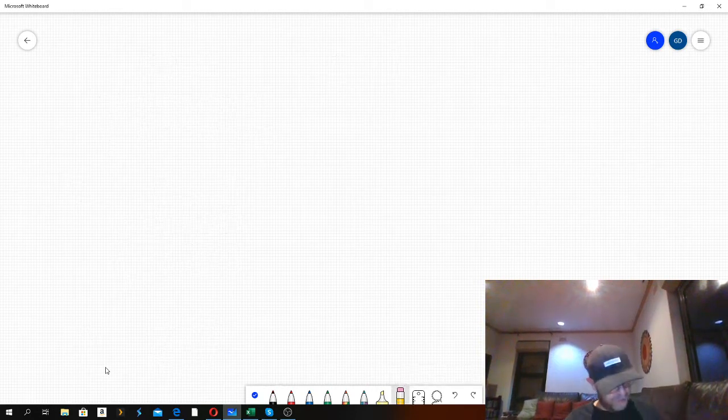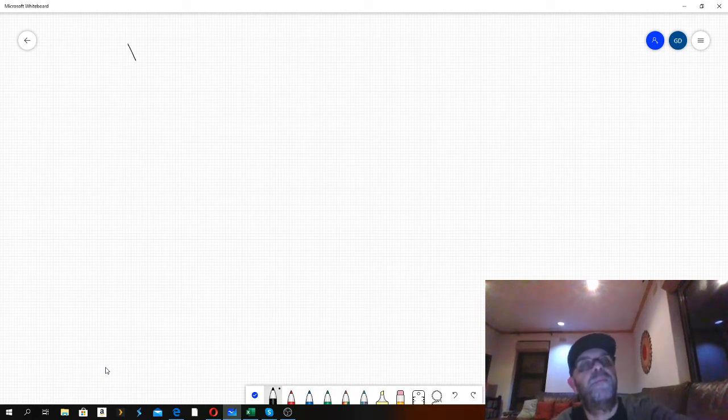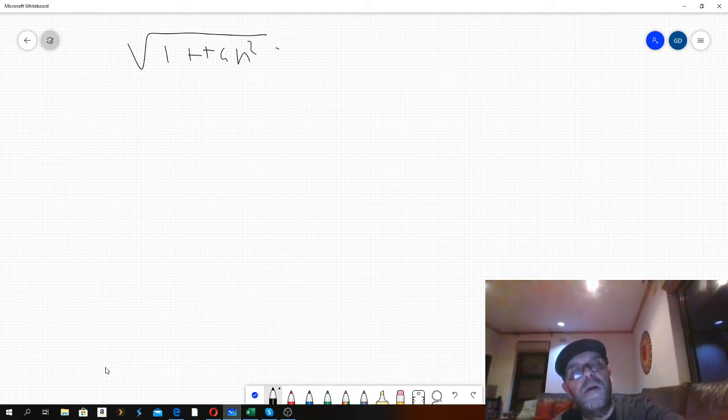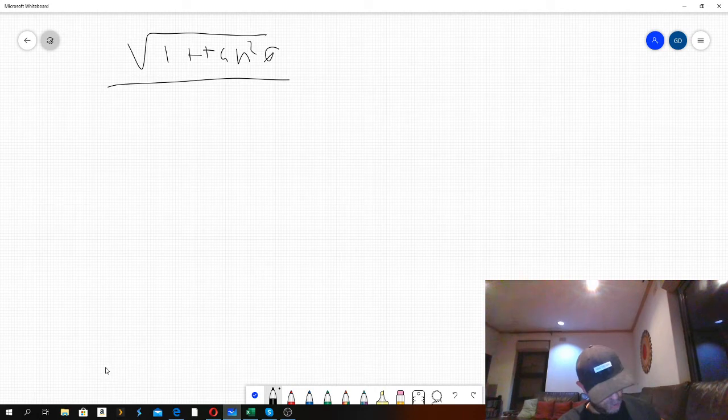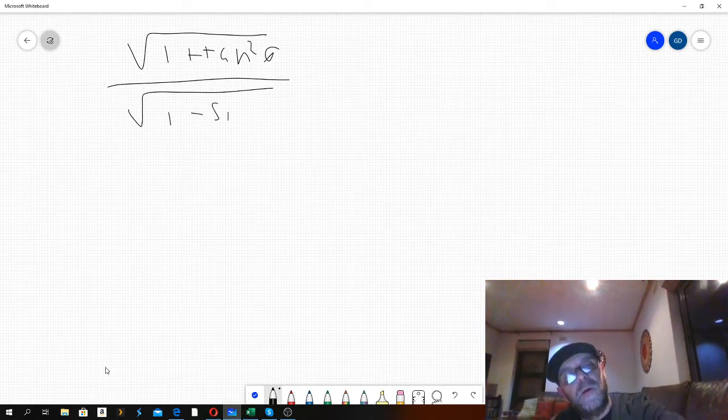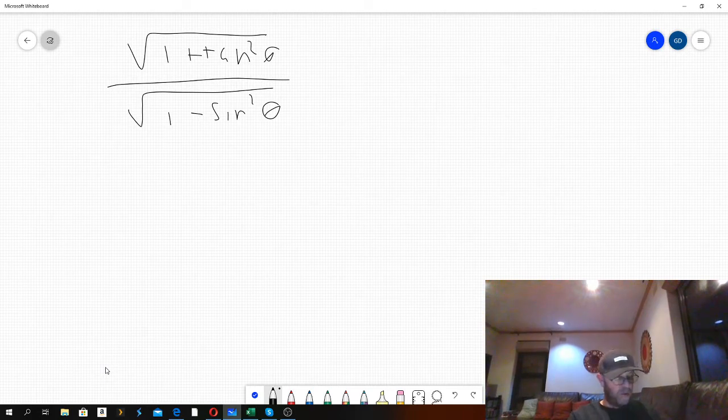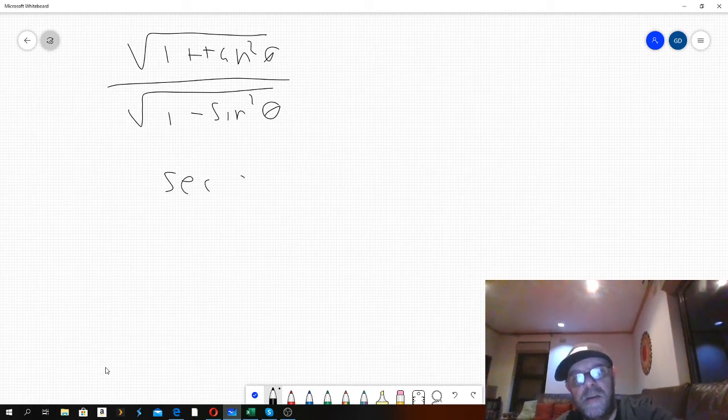Okay, and number 5. So number 5 says root of 1 plus tan squared theta over the root of 1 minus sine squared. Now, 1 plus tan squared we already know from an identity, and again that one is sec squared. So that's the same as root of sec squared, which is basically just sec theta.